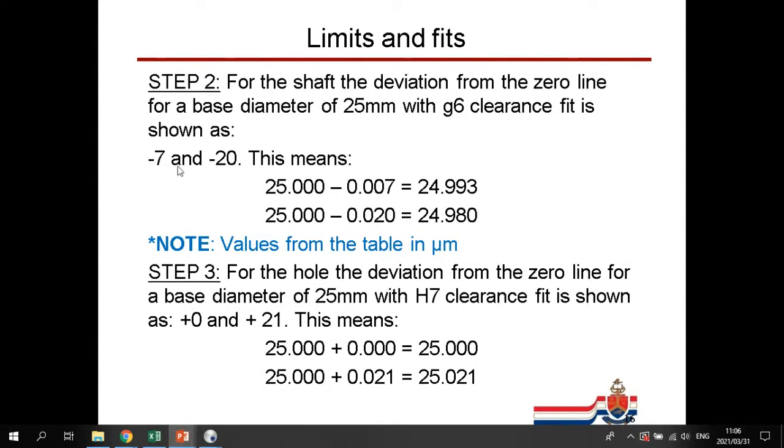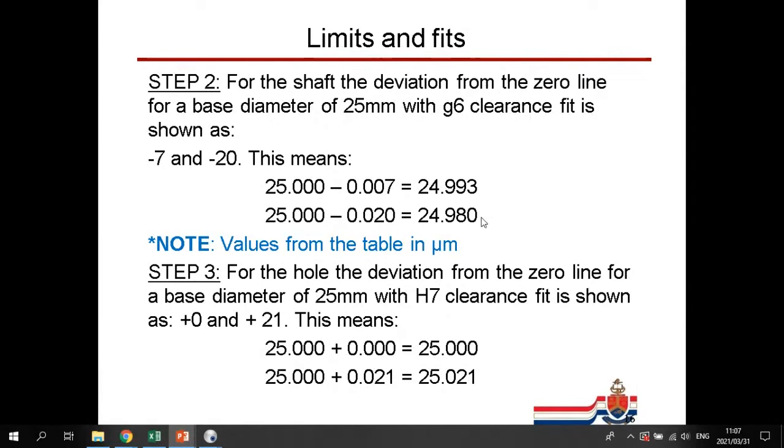And these values are given in micrometers. So that means you take your 25 zero line dimension value and you subtract 7 times 10 to the -3 from there, because it's a micrometer, this is a millimeter. So that gives you 24.993. And then the other value said -20, so 25 minus 0.020 gives you 24.98.